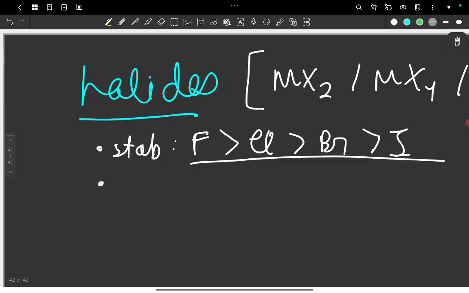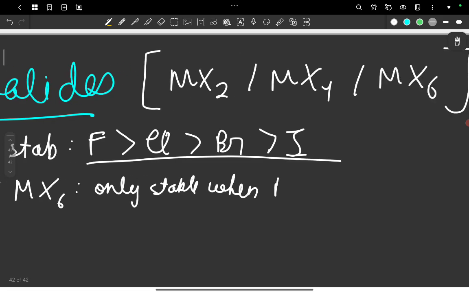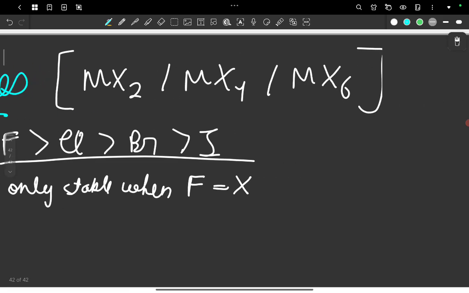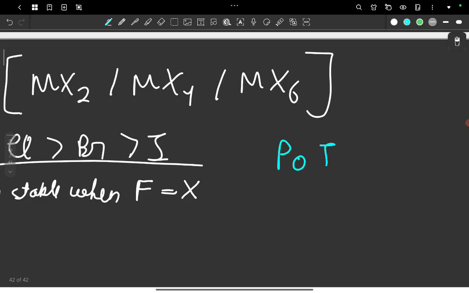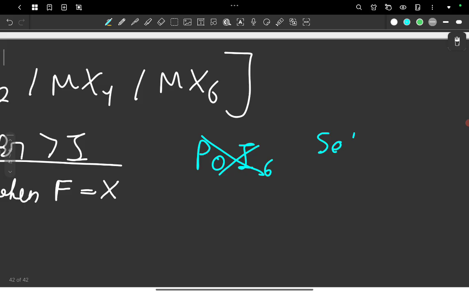Now if we talk about hexahalides, which are MX6, they are only stable when fluorine is X. What does this mean? It means that compounds like polonium hexaiodide don't exist, selenium hexabromide doesn't exist. They will only exist when the halide ion is a fluoride ion.